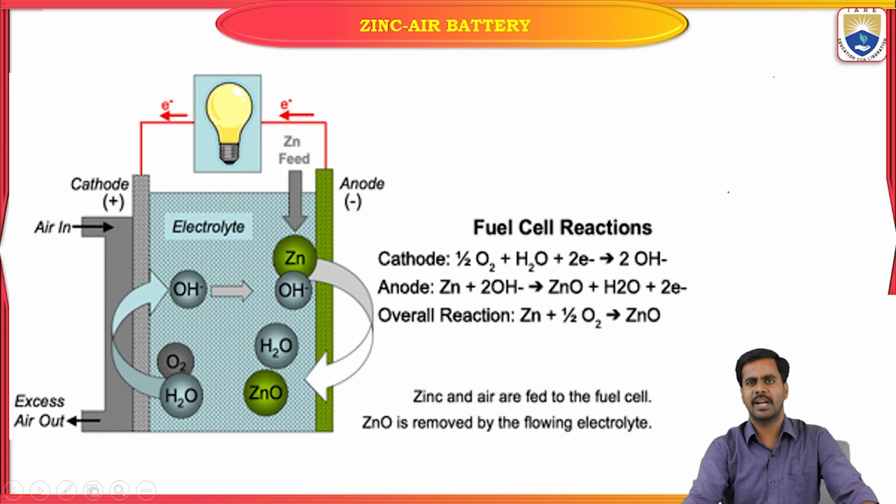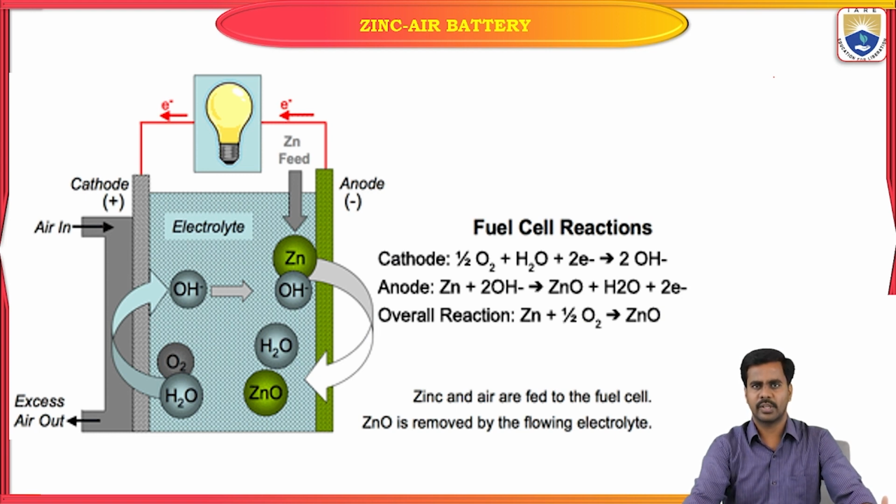So in secondary battery, two types of reactions are possible, that is discharging and charging. During discharging, chemical energy is converted into electrical energy. Through recharging, electrical energy is converted into chemical energy. That means a secondary battery can act as both an electrochemical cell as well as an electrolytic cell.